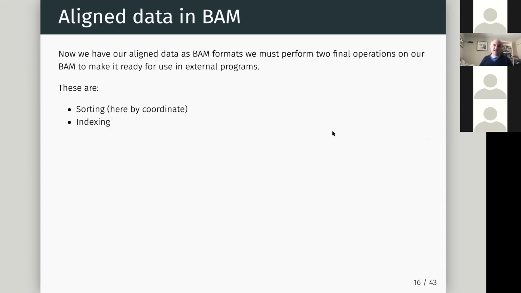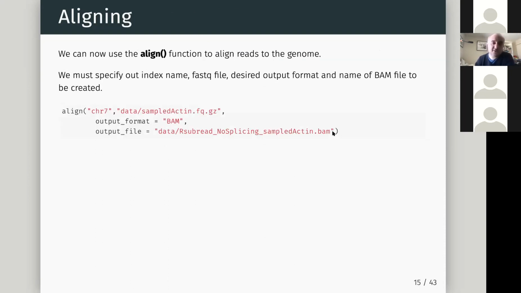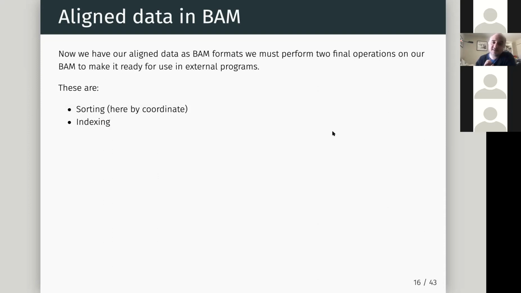As soon as we have that aligned data, we have our BAM file. We still need to do 2 more operations on it before it is really usable by us. You might want to check here, because some of these aligners, if you are using other ones, will do the next 2 steps for you. But Rsubread isn't. Here we want to sort first by coordinate. So we're going to take all the reads in our BAM file and make sure that they're in the order of the position they map to in the chromosome.